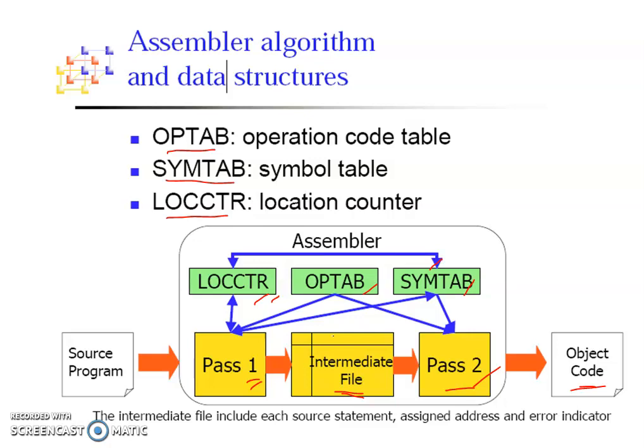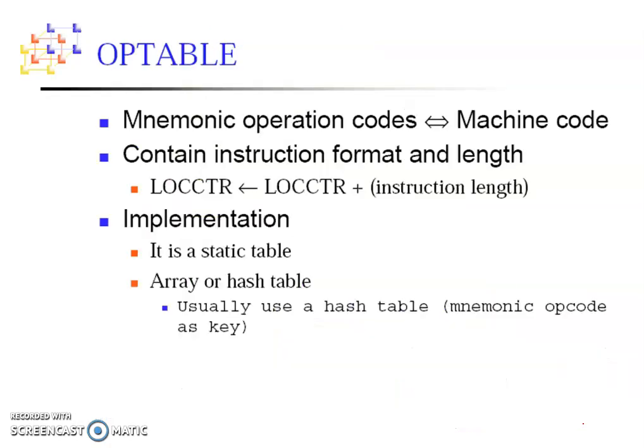So the intermediate file includes each source statement, the assigned address, and if there is any error, that error also will be indicated. The operation table has mnemonic operation codes together with their machine equivalent. It contains the instruction format and the length.